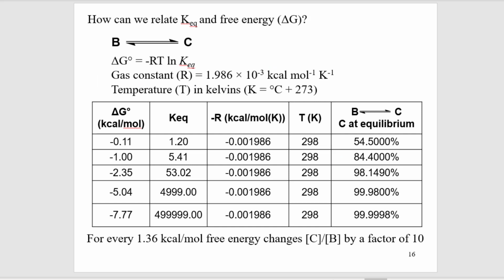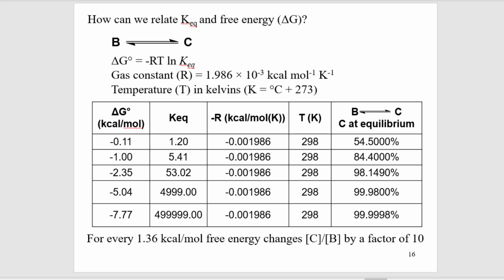So let's remember Gibbs free energy. Delta G, the change in energy, is equal to negative RT natural log of KEQ. So there is a relationship between KEQ and delta G. We're not going to be doing these calculations in class. You guys spent all of Gen Chem doing stuff like this.